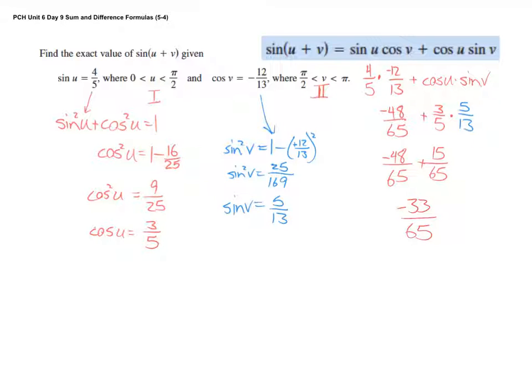By the way, it makes sense that sine is negative, because if you have a first quadrant angle and a second quadrant angle and you add them together, chances are you're going to get a third quadrant angle. It's still possible that it ends up in the second quadrant, but you're more likely to get a third quadrant angle. So it makes sense that sine is negative here.